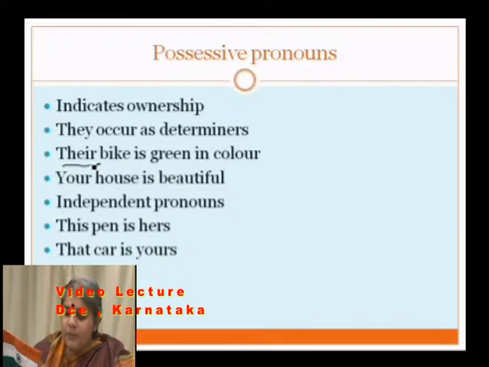Your house is beautiful. Now, they have occurred here as determiners in the determiners position. The second one is, it occurs as independent pronouns. This pen is hers. Hers is a pronoun. That car is yours. Yours is a pronoun.